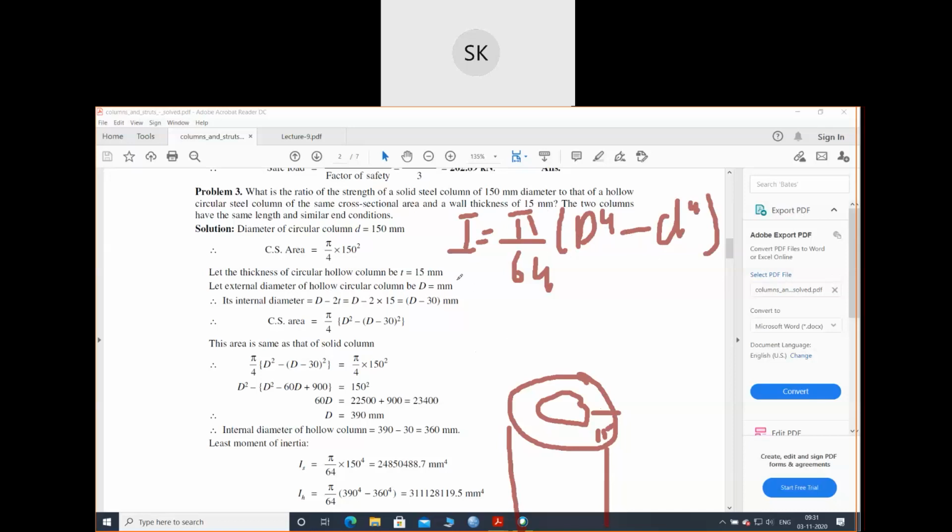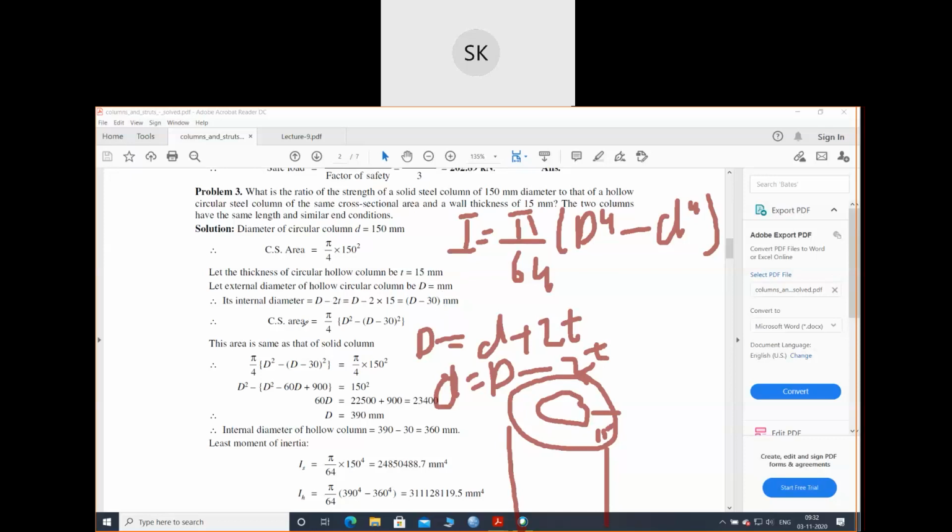So let's consider the external diameter as D mm and the internal diameter as D minus twice t, right? To find the external diameter, what we used to do was d plus twice t, so to consider the internal diameter, we do D minus twice t.